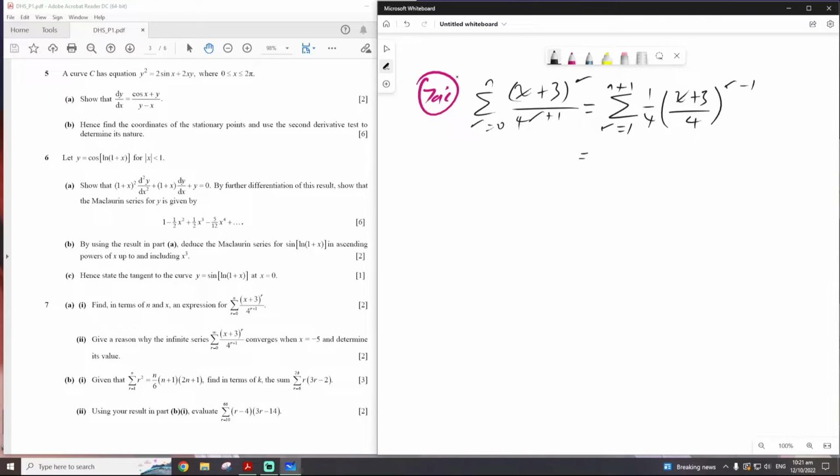Here I can apply the sum of GP formula, which will give me a quarter of 1 minus ((x plus 3) over 4) to the power of n plus 1, divided by 1 minus (x plus 3) over 4. Which can be simplified a little bit.